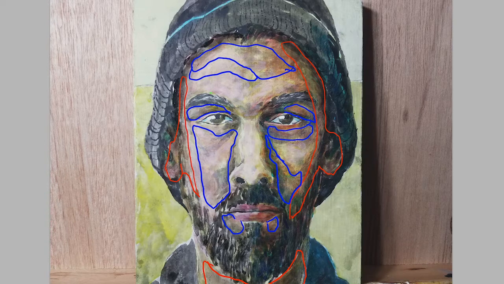And then we have the areas of flesh that are really coming out at us a little bit more spatially. So this is typically the nose, of course, and maybe little details of the lip, and maybe the bridge of the cheeks.